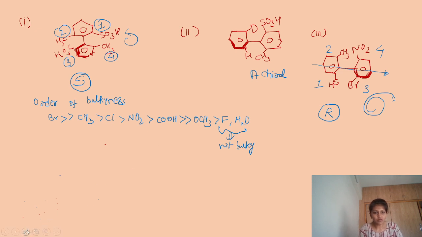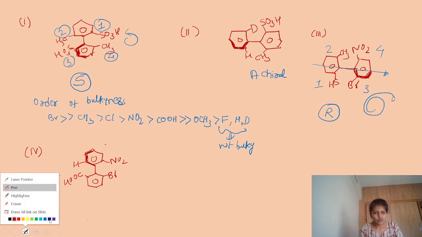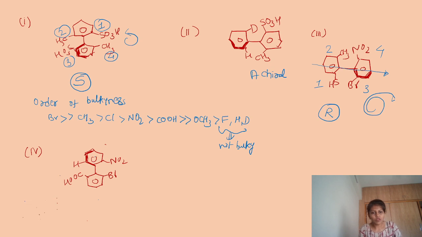Next example I will give you. First of all, there will be no plane of symmetry, and at least 3 functional groups must be bulky, so 1, 2, 3 are bulky, right?